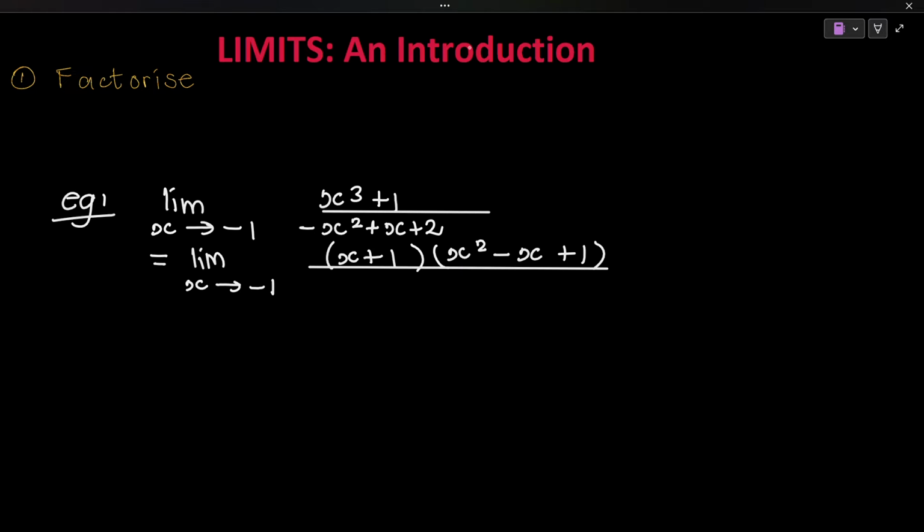In the denominator, we've got a quadratic format. However, because we have this negative in front, I'm first going to factorize. So let's pull out that negative as a common factor, and that just makes it a lot easier for us when we're about to factorize.